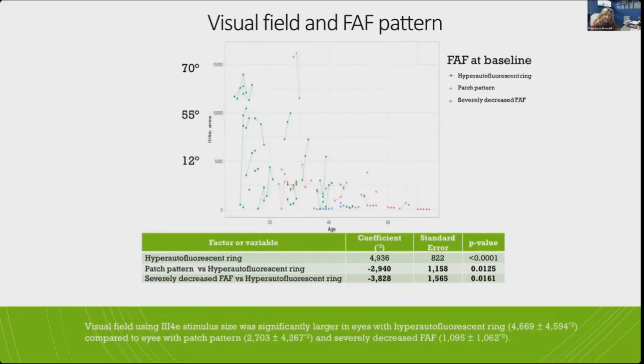We correlated the visual field with the FAF pattern, and visual field was significantly larger in eyes with hyperautofluorescence ring, as you can see in green, compared to eyes with patch pattern in red and severely decreased FAF in blue.